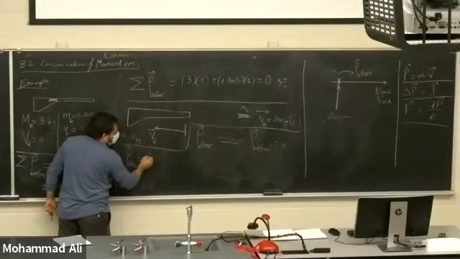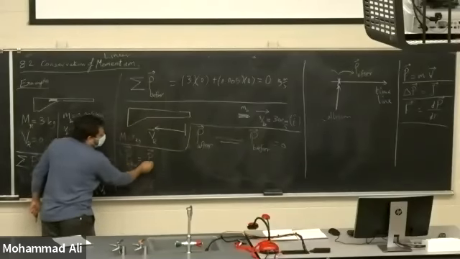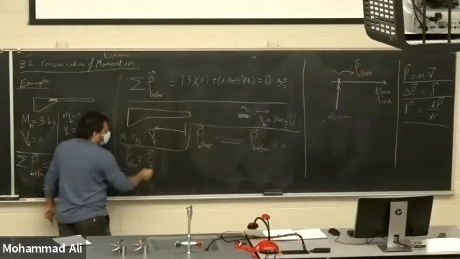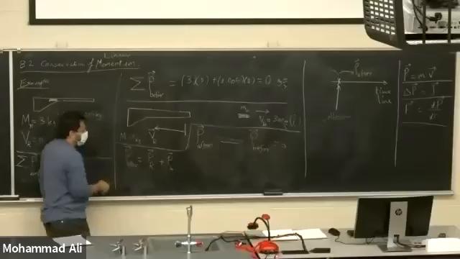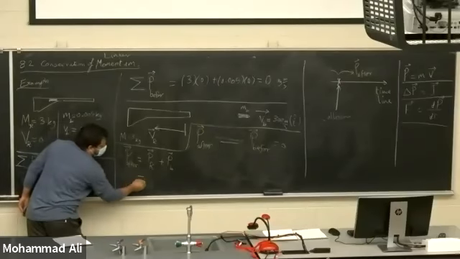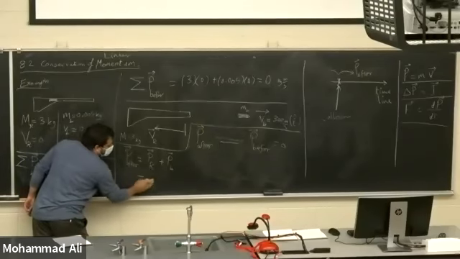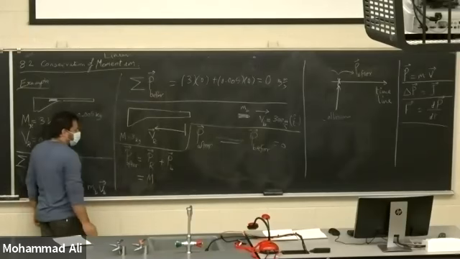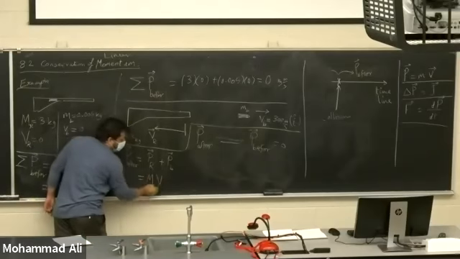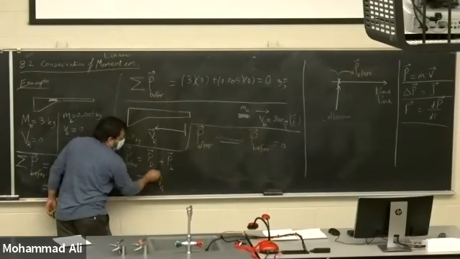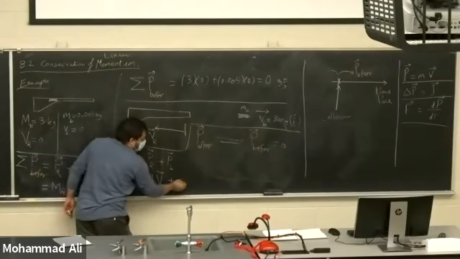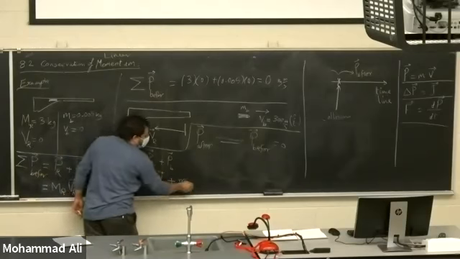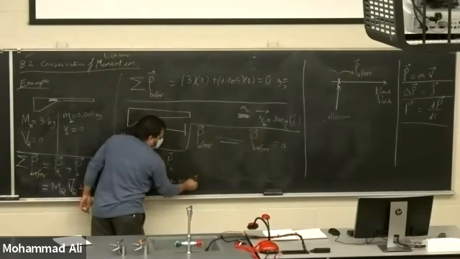It is equal to the momentum of the rifle after plus the momentum of the bullet after, which is the capital mass multiplied by the velocity of the rifle as a vector quantity, plus the mass of the bullet multiplied by its velocity after.